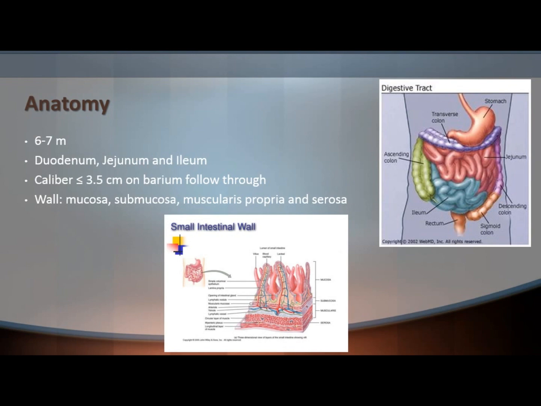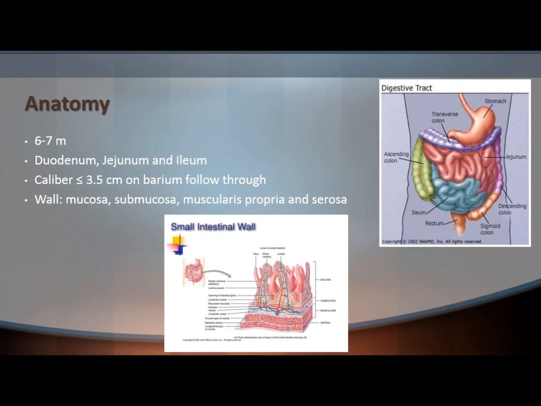First, we have to have an idea about the anatomy of the small bowel. So it's a convoluted tube. I think everybody knows, it's around 6 to 7 meters long. It's divided into three parts: the duodenum, jejunum, and ileum. The caliber normally has to be less than 2.5 cm.